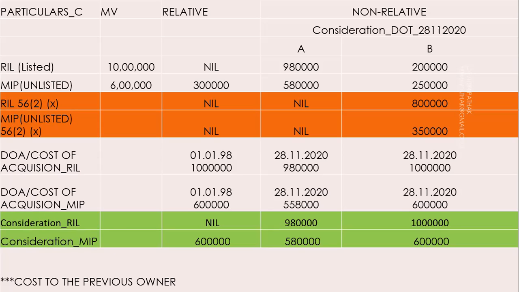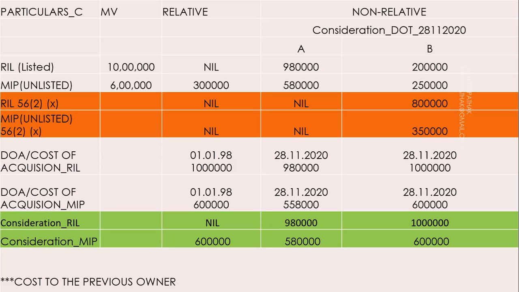Consideration in my case is 9,80,000, not 10 lakh. But for unlisted shares, 5,80,000 in the cost of acquisition; for RIL, my valuation will be 5 lakh.